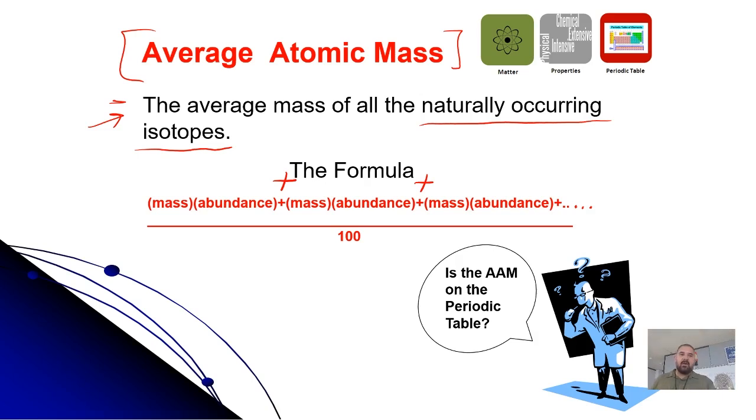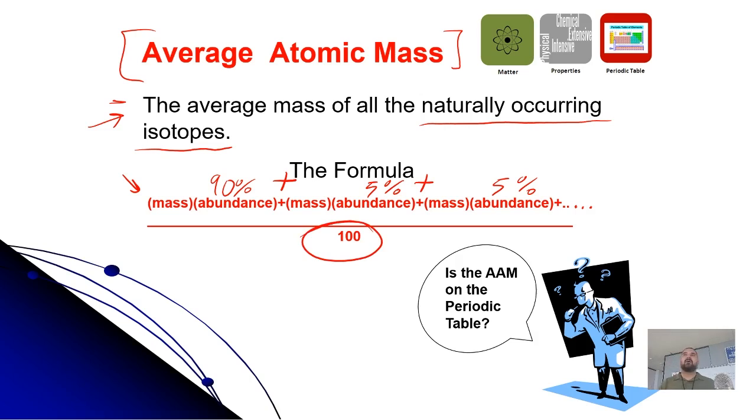All right, let's go ahead and do some practice. But before we do, one thing I wanted to point out. Your mass is just going to be your mass number, and your abundance is going to be a percentage. I'm just going to give you all some random ones. Let's say 90, 5, and 5, and all of these are percentages. Can anyone tell me why we're dividing by 100?